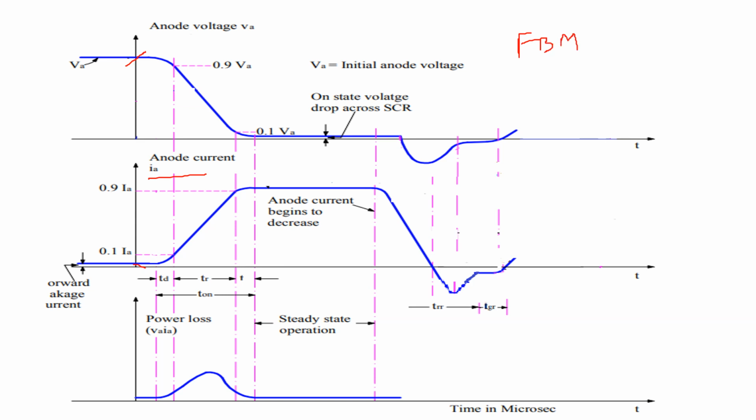Initially SCR is in forward blocking mode, where it acts as an open switch. Under open circuit condition, the voltage value is maximum and the current value is minimum. Due to this concept, initially we consider voltage to be 100% and current to be the forward leakage current.